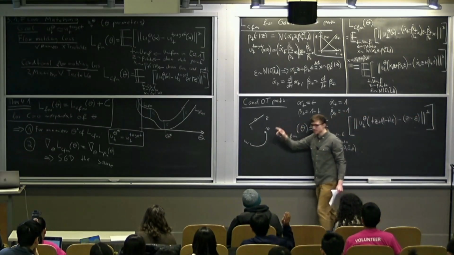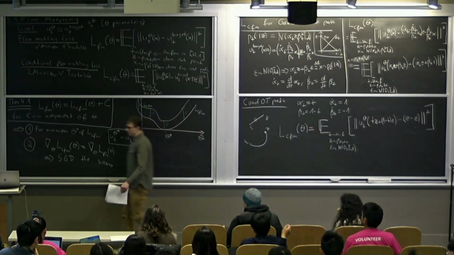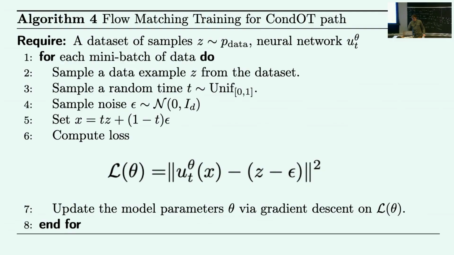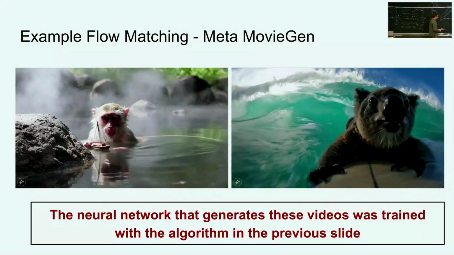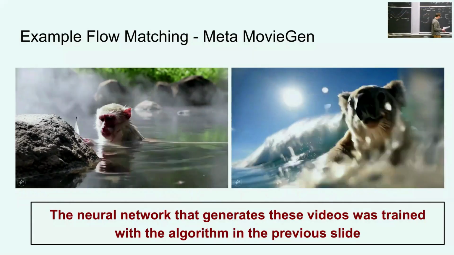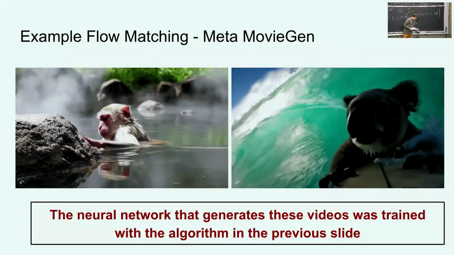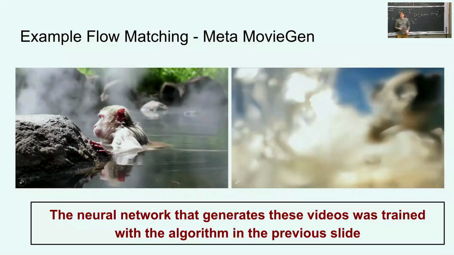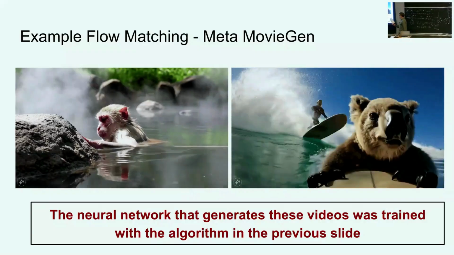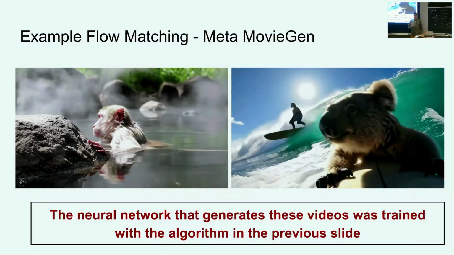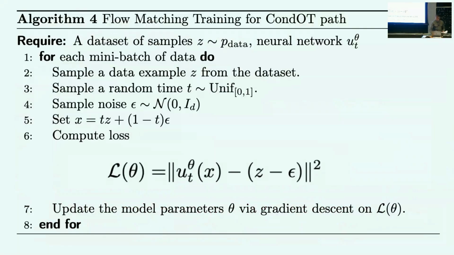And just to give you an example that this is not some exotic algorithm or too simple, I didn't break anything down here to make it simpler. This is the algorithm that Meta's Movie Gen, for example, is using. These videos were generated with a neural network that was trained with the algorithm that I showed in the previous slide.